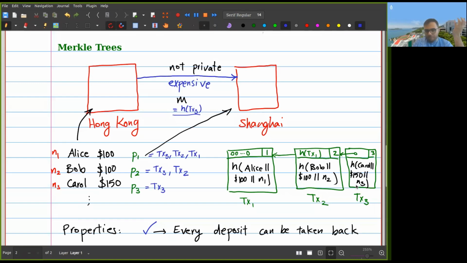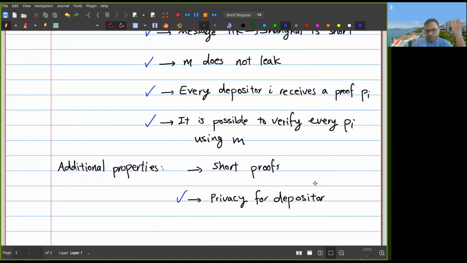So now, assuming that our hash function is one way, which we always assume because it's a cryptographic hash function, we have finally privacy for depositors. And the idea here, and this is again an idea that we will see over and over again, is to hide data by hashing it.